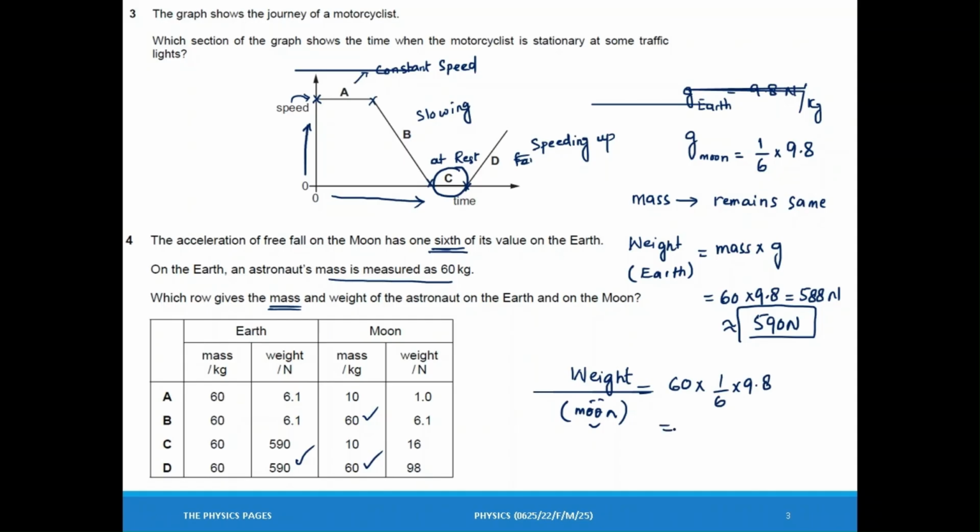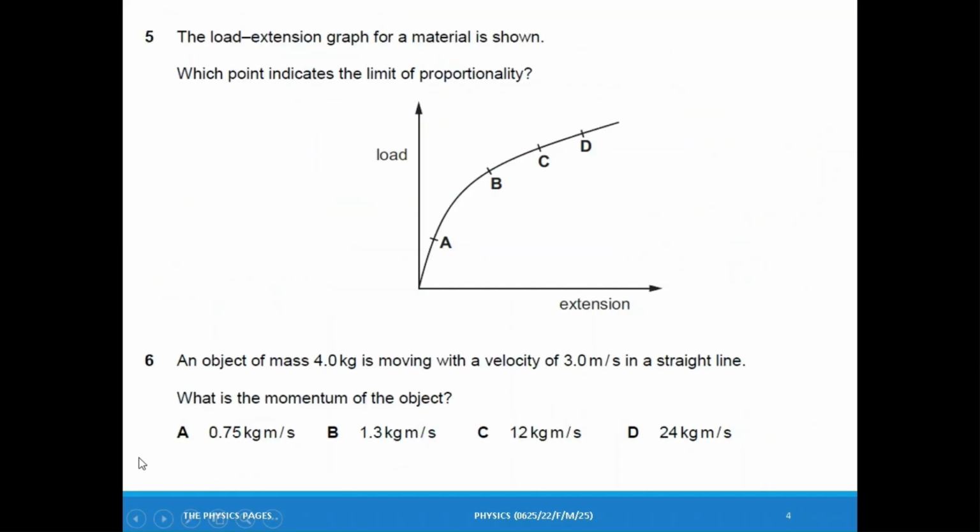So it becomes 10 times 9.8 because 6 cancels 60 by 10. So this is approximately or exactly 98 newton. So it confirms that our right choice is D.